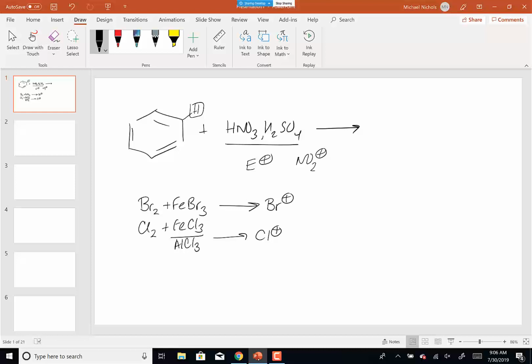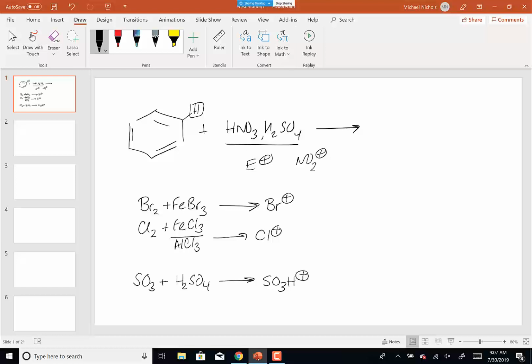And then the only other initial one that there is to take SO3 and react it with H2SO4, and there you make an SO3H plus.